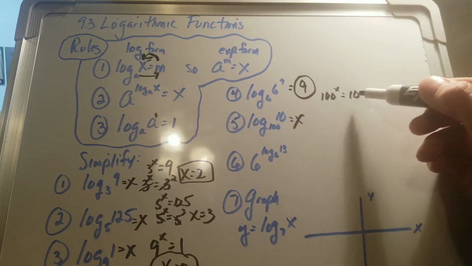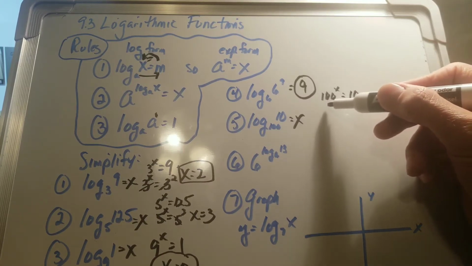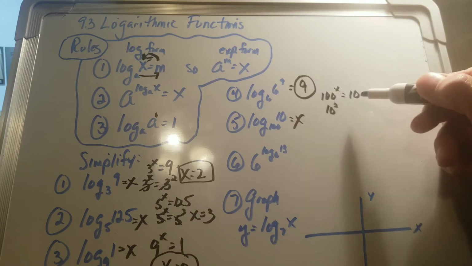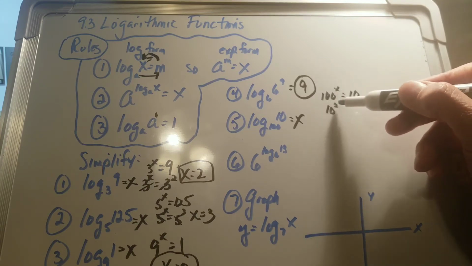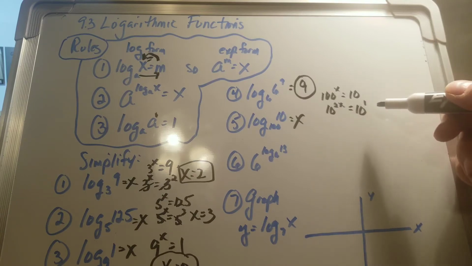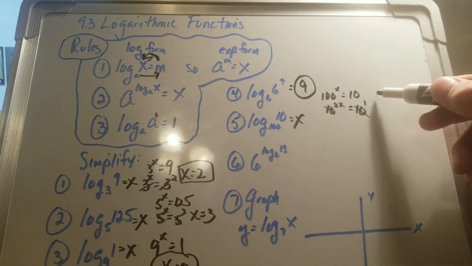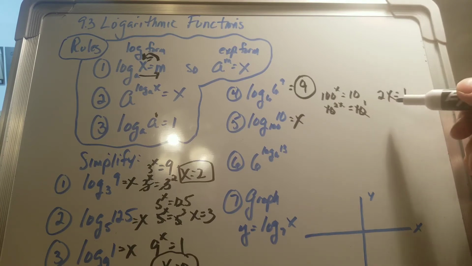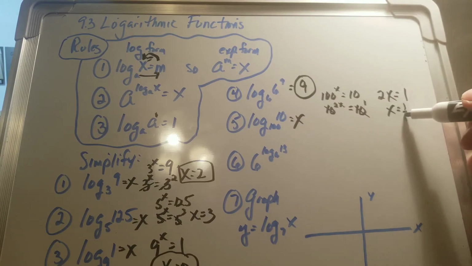I want these two bases to be the same. This could really be 10 to the second power is 100, with the x next to it, and that equals 10, which has an invisible little 1. Cross them off, and you get 2x equals 1, and x is 1/2.